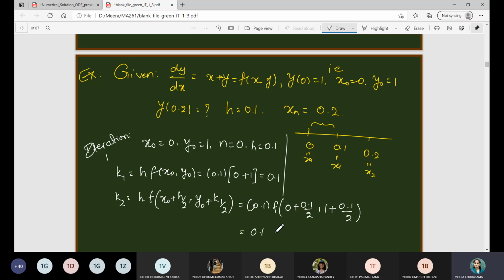So this is 0.1 into f at 0.1 by 2. This is f of x, y is x plus y. So it is 0.1 by 2 plus 1 plus 0.1 by 2. So what is the final answer?